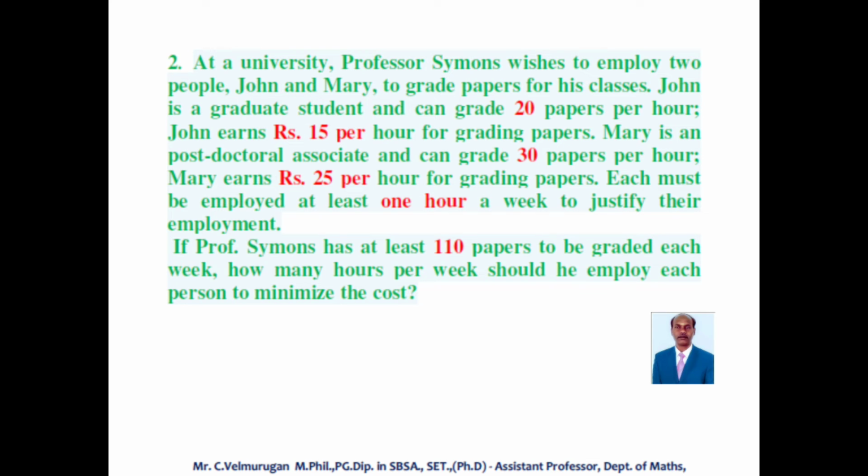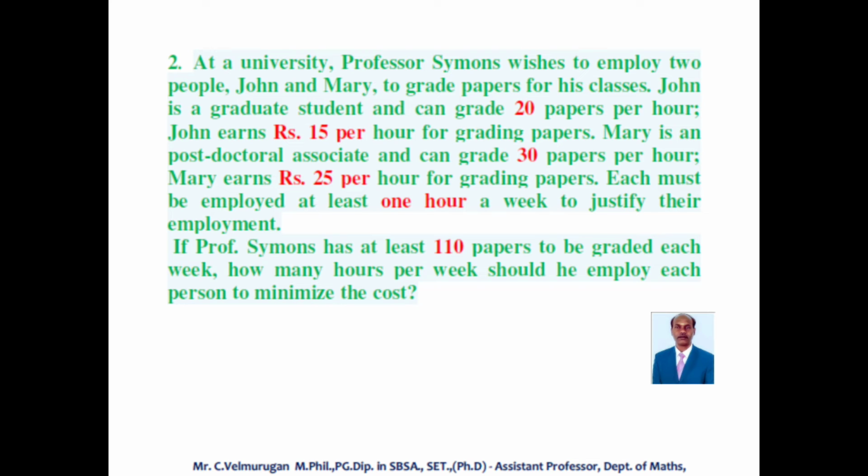John is a graduate student and can grade 20 papers per hour, and John earns rupees 15 per hour for grading papers. Mary is a postdoctoral associate and can grade 30 papers per hour.